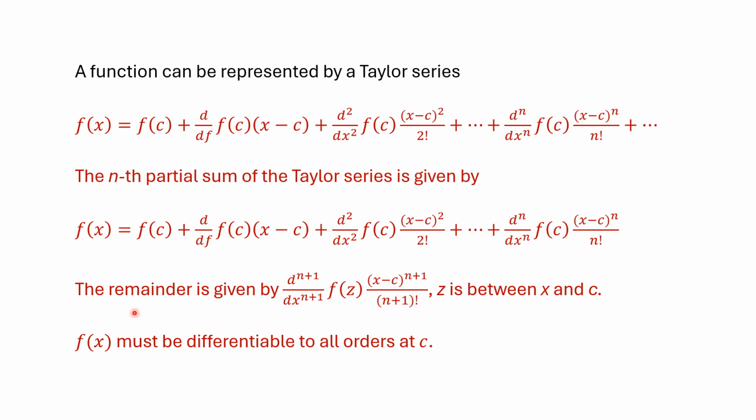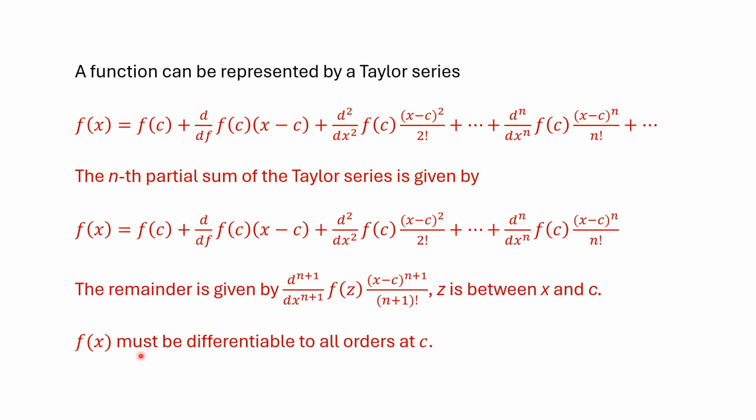So you can get a remainder, and you can check the remainder value in that interval. Take the worst case, and you know how good your convergence is.